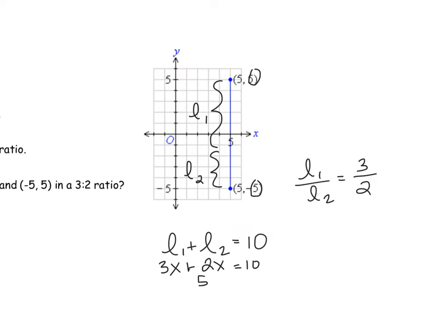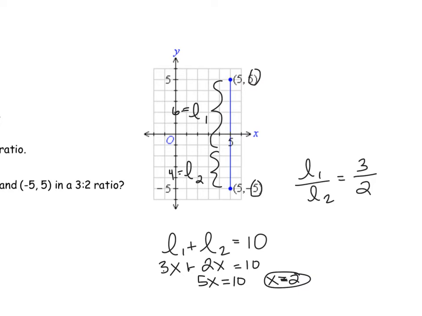So let's see, that gives me 5x is 10, which makes x equal to 2. So I know that L1 must be 3 times 2 is 6, and L2 must be 2 times 2 is 4. And look at that, we have a 3:2 ratio.